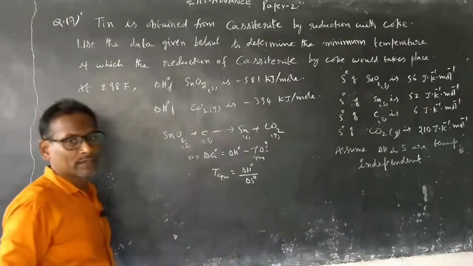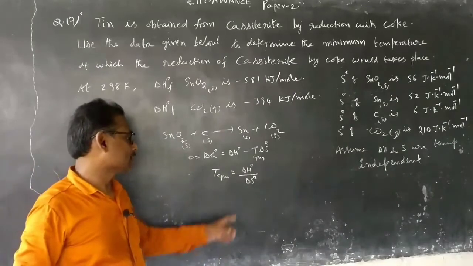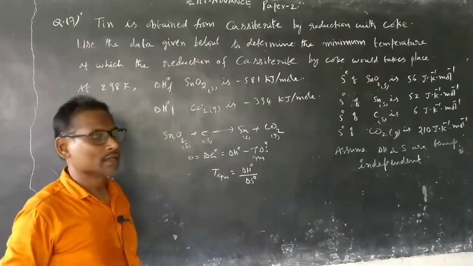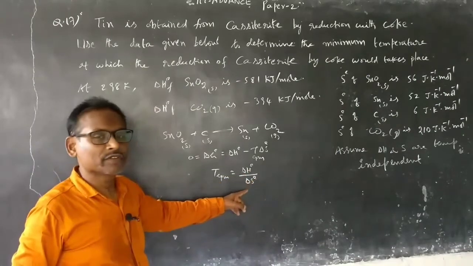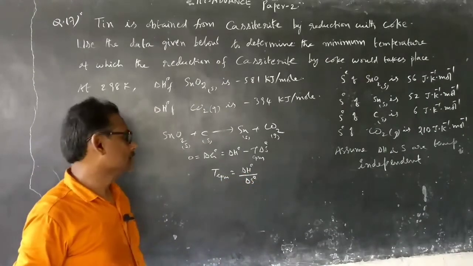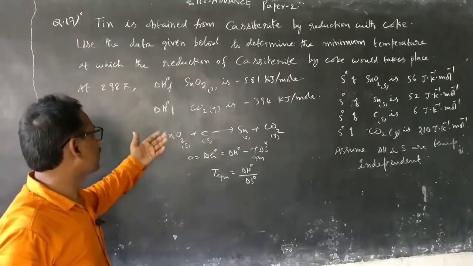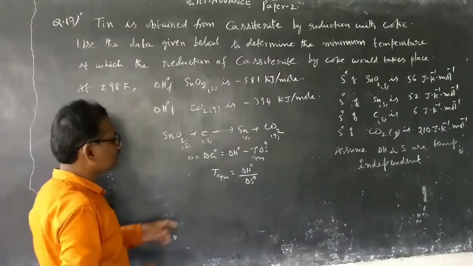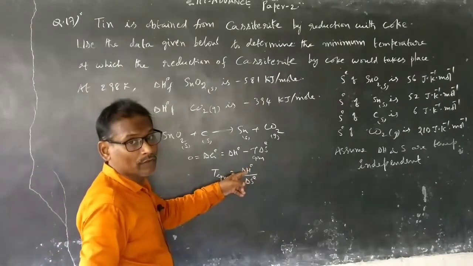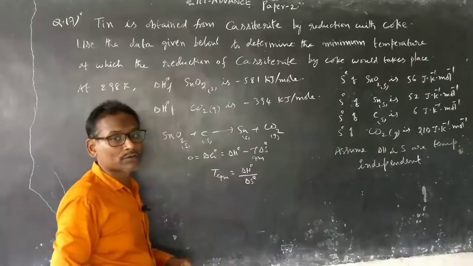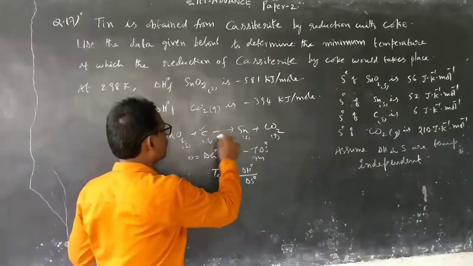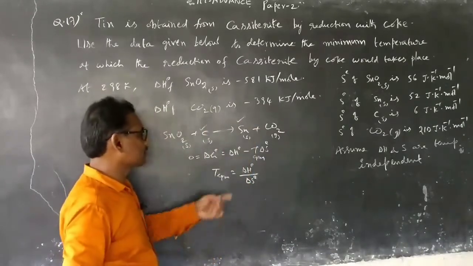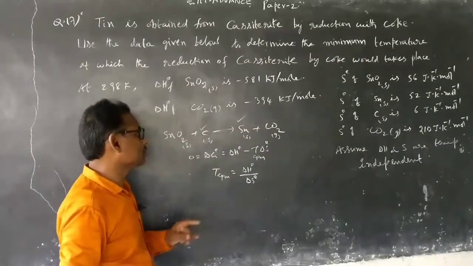So we have to find ΔH0 of the reaction and ΔS0 of the reaction. The standard enthalpy change of the process and the standard entropy change of the process are to be found out. And they are given the values. To find ΔH0, the standard enthalpy of formation of substances is going to be 0 if they are in elemental form. That means if you take carbon and tin, for those two elements, the standard enthalpy of formation is going to be 0.